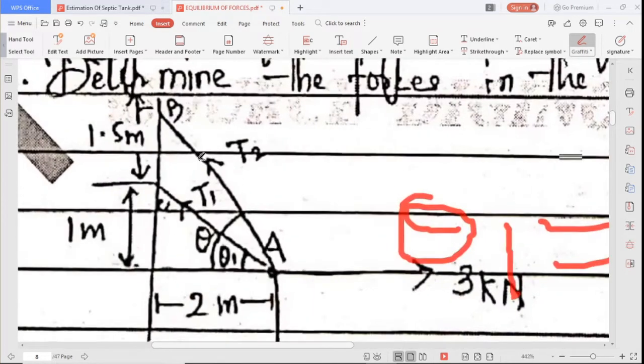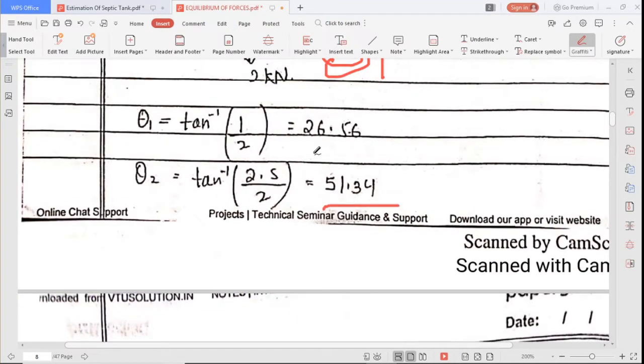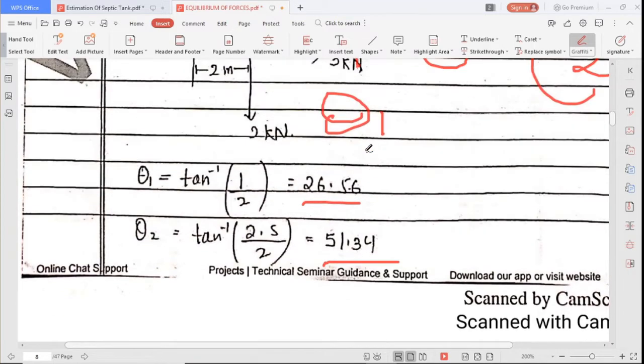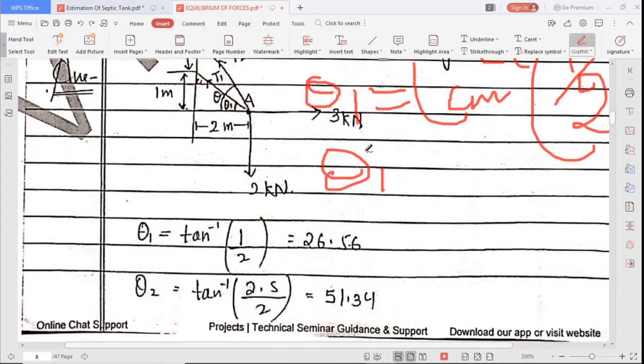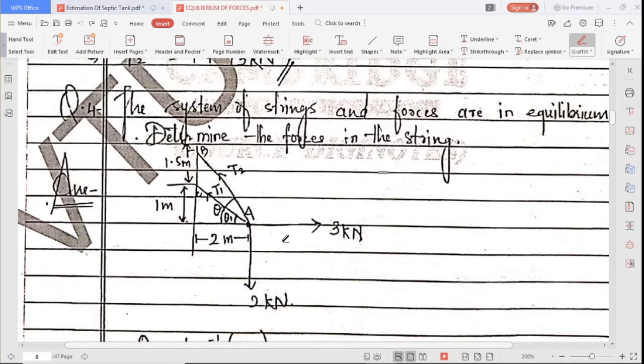Same for theta 2, this triangle theta 2, 1.5 plus 1, 2.5, 2.5 by 2, we'll get 51.34. We got theta 1 and theta 2, and we have four forces 1, 2, 3, 4.